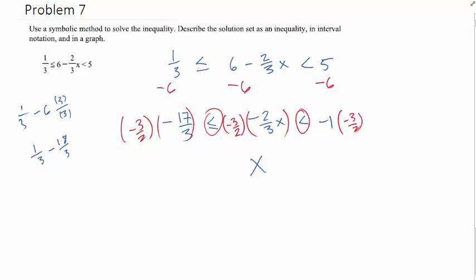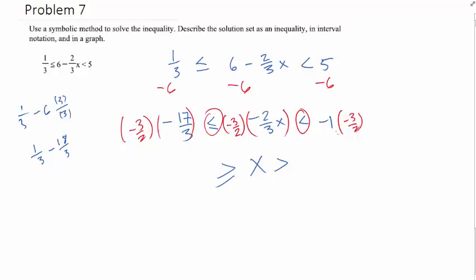Now let's change all the other signs around, and we'll talk about how we're going to need to rewrite this. If it's a less than sign, we can write it together as a string of inequalities with three expressions, but when the signs switch, then we're going to have to change how we write it.